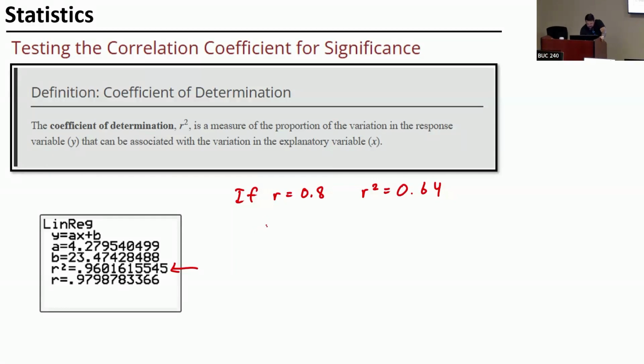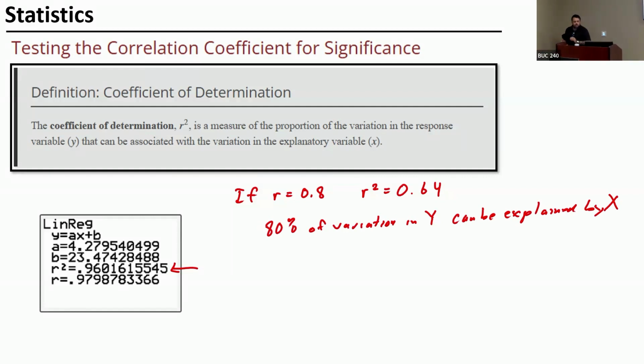If, okay, 80%, this is my X, of the variation in Y can be explained by X. Now let me put that in English for you.